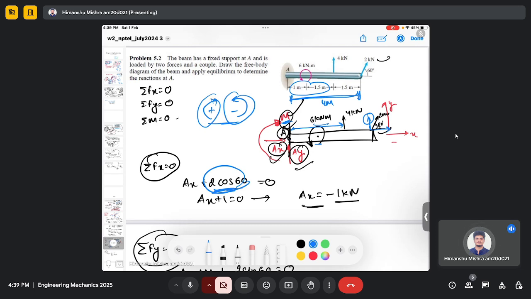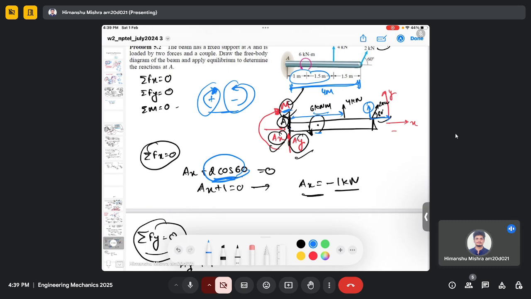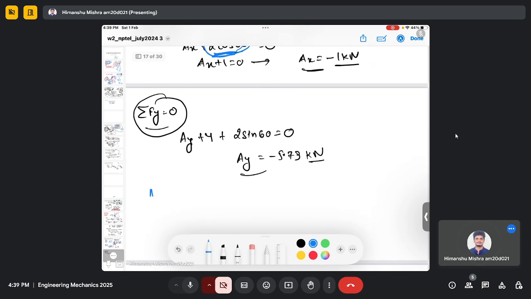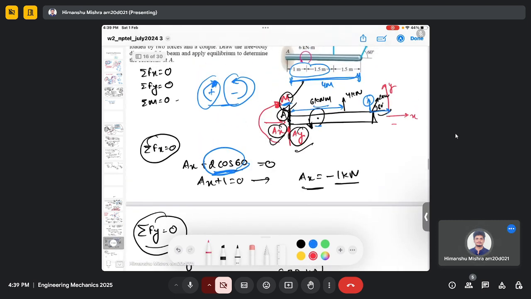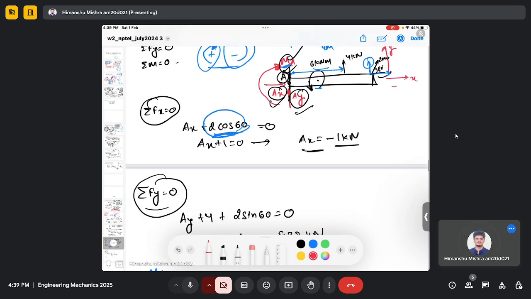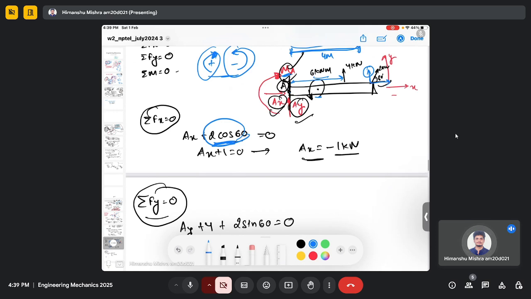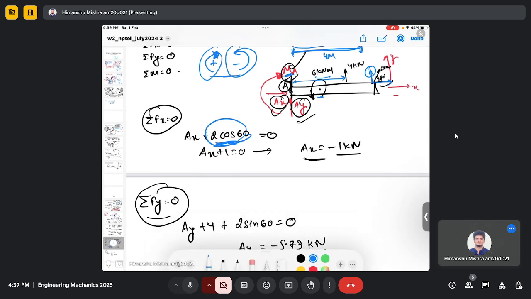So in this problem, I fix the sign convention where clockwise is positive. You can also fix otherwise, where clockwise moment is negative and vice versa. So the moment at point A is MA. So this is MA.